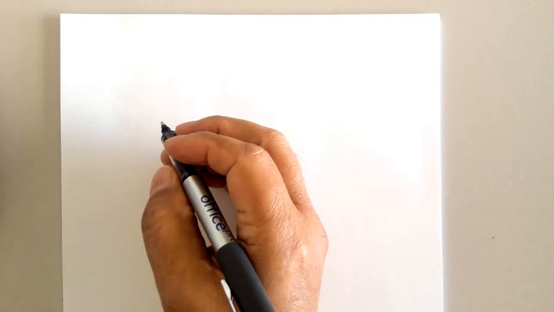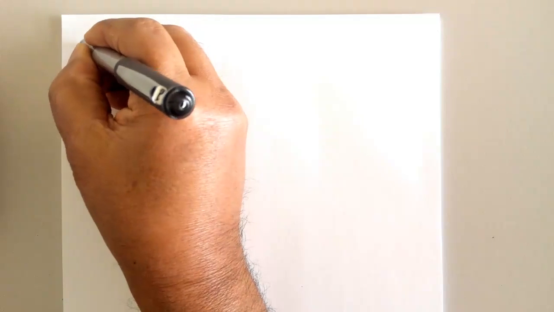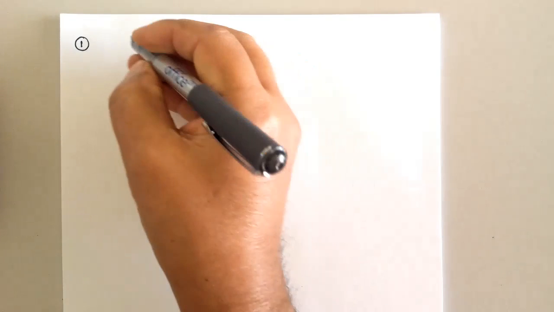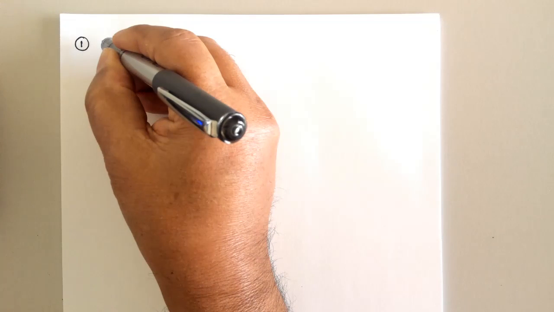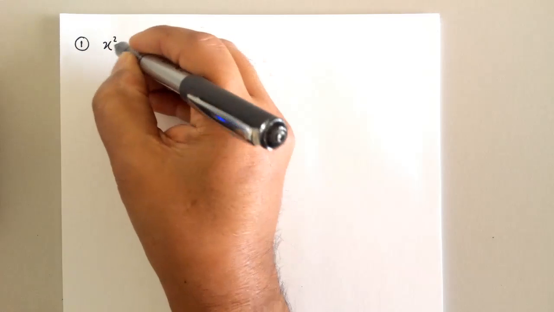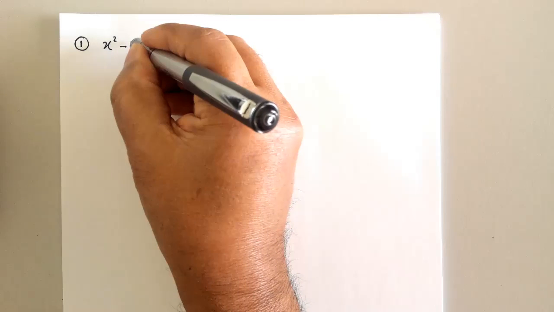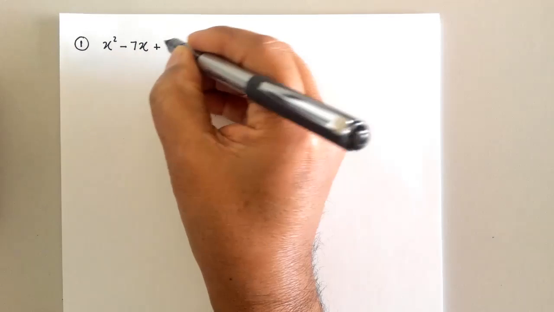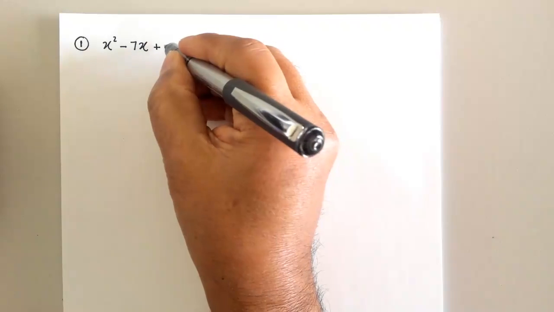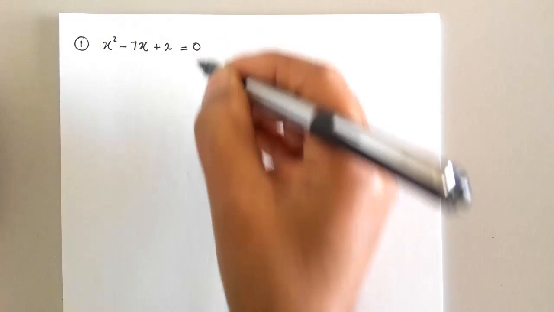Let's say that we have x squared minus 7x plus 2 equal 0.